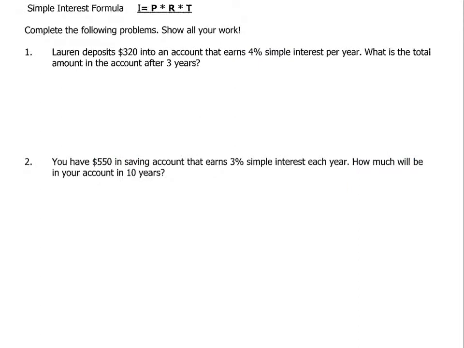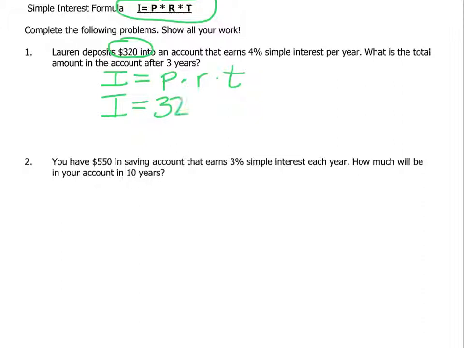All right, so if you take a look at the first example here, Lauren deposits $300 into an account that earns 4% simple interest per year. What is the total amount in the account after 3 years? So you can see our formula is written at the top here. So we have interest equals principal times rate times time. So the principal in this problem is $300 because that's how much was deposited in the account.